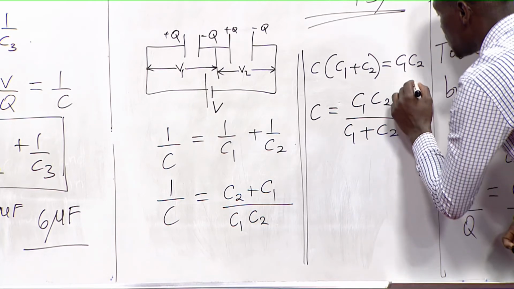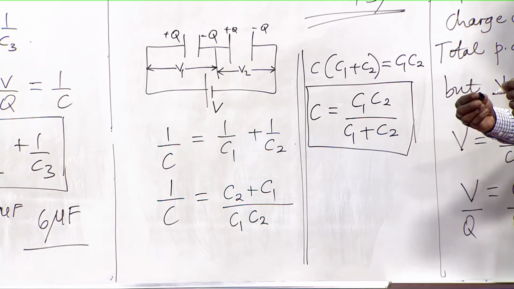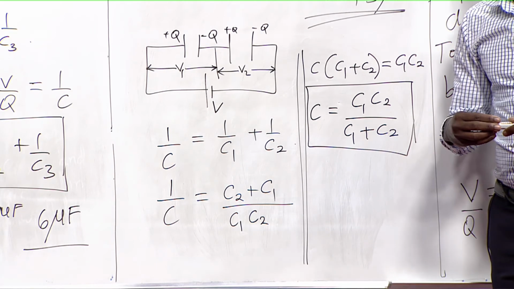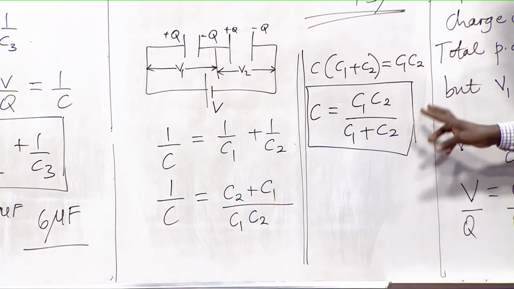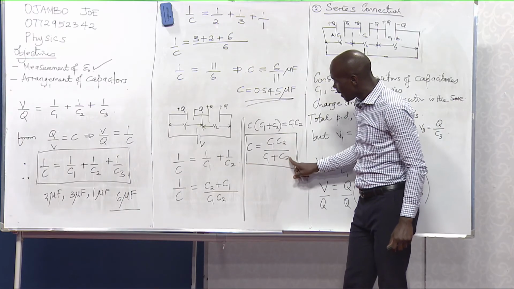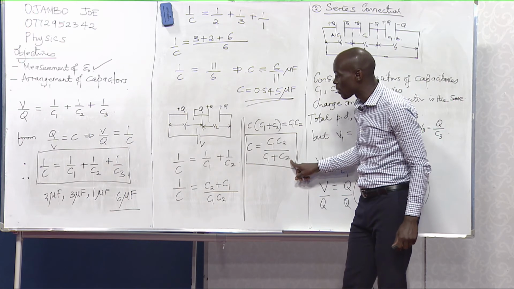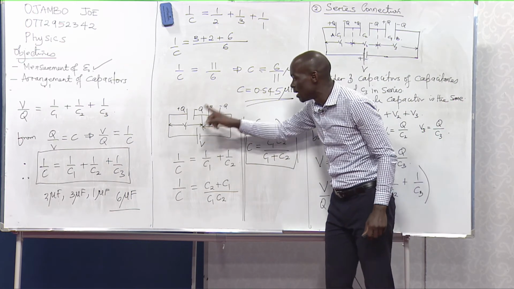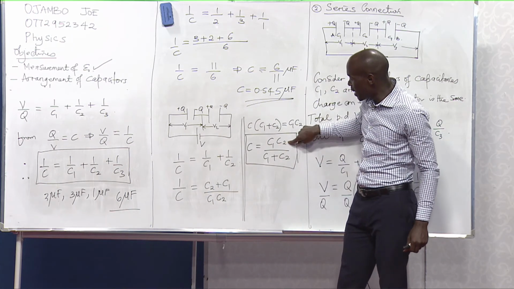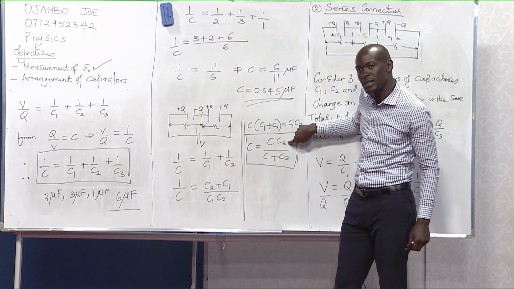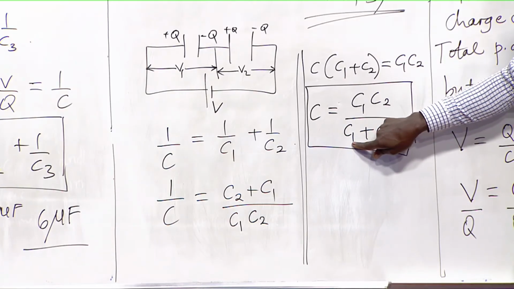Now this one is very, very important and essential. You shall discover how useful it is in our discussions. How? When you have two capacitors connected in series, we have discovered that the total capacitance will be given by the product of the individual capacitances, divided by their sum.